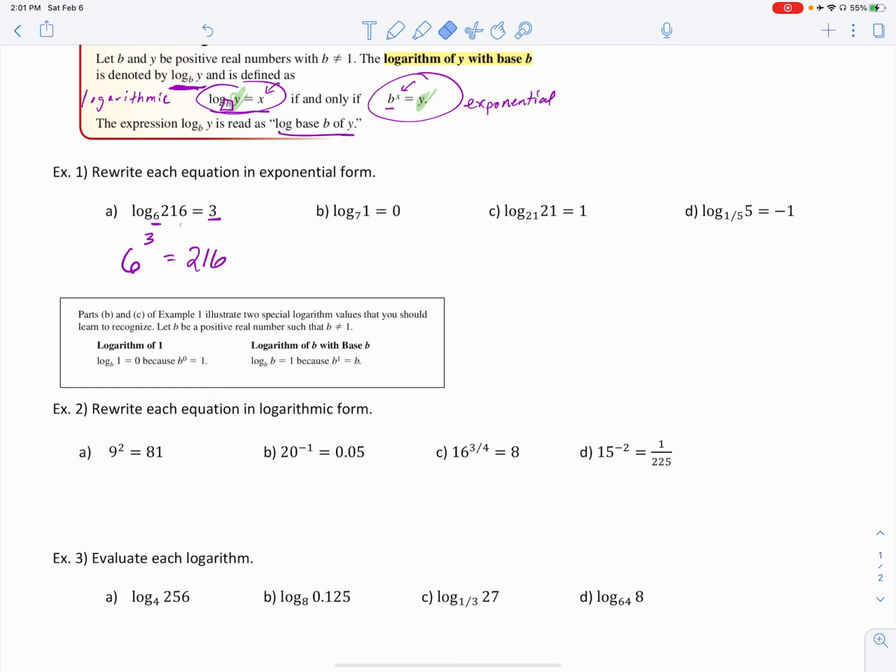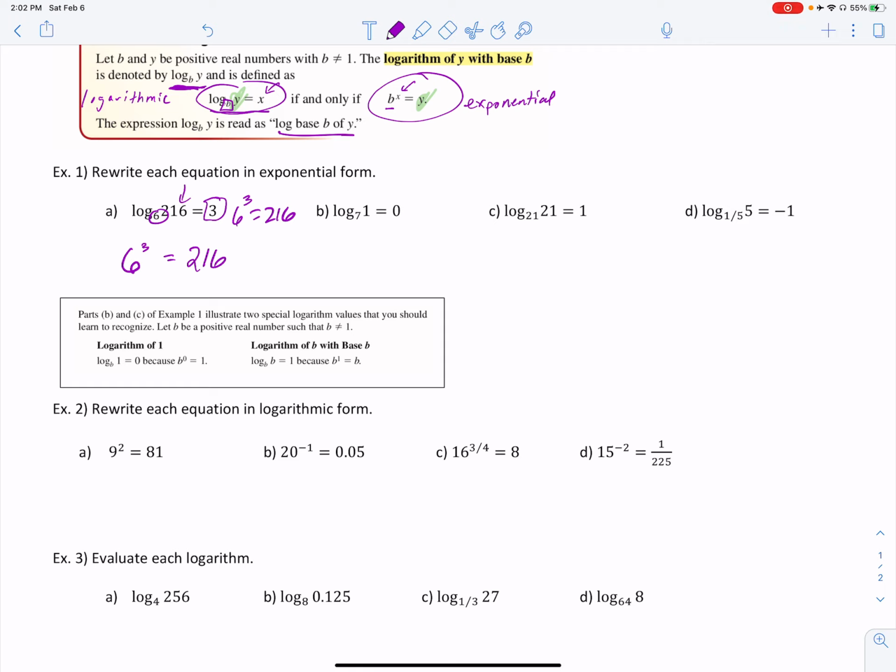And so I had this saying, only in class I usually demonstrate it. Lean to the left, lean to the right, equals the middle, get it right. Lean to the left is the base. Lean to the right is the exponent, and then equals in the middle, 216, get it right.